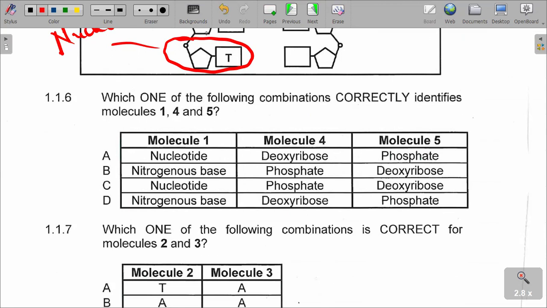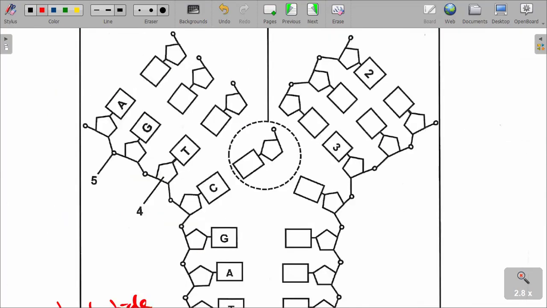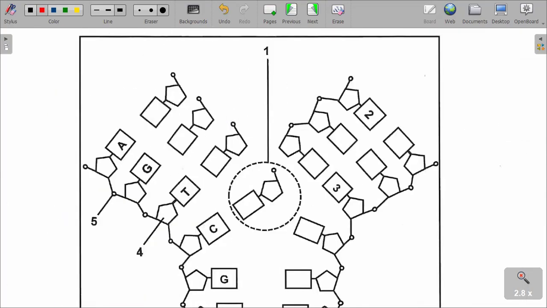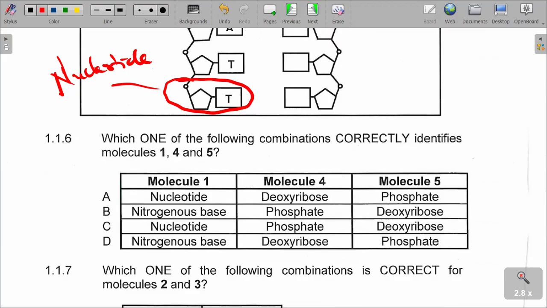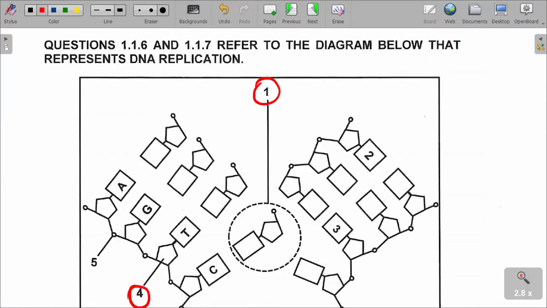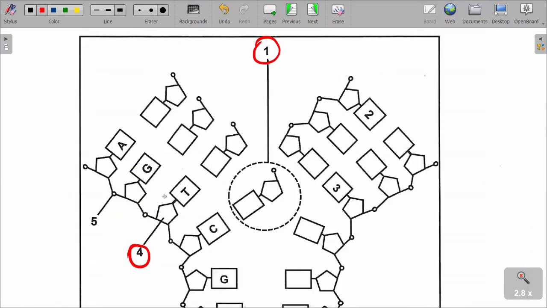We need to see what molecule 1 is, and molecules 4 and 5.